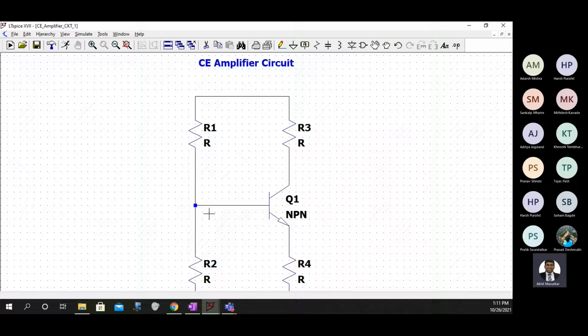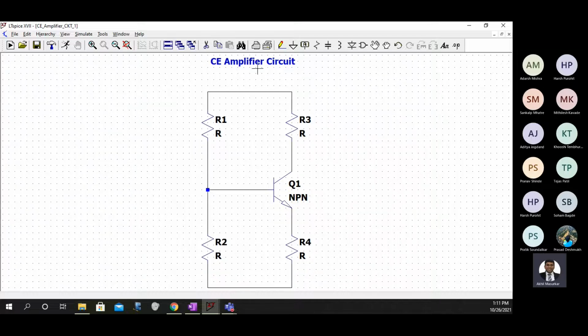So just move it down so that everything looks nice. First you will make this much circuit and put the capacitors also. Rotate it and put it here.